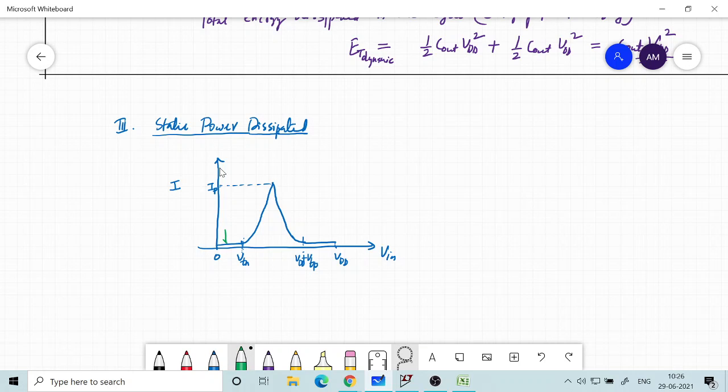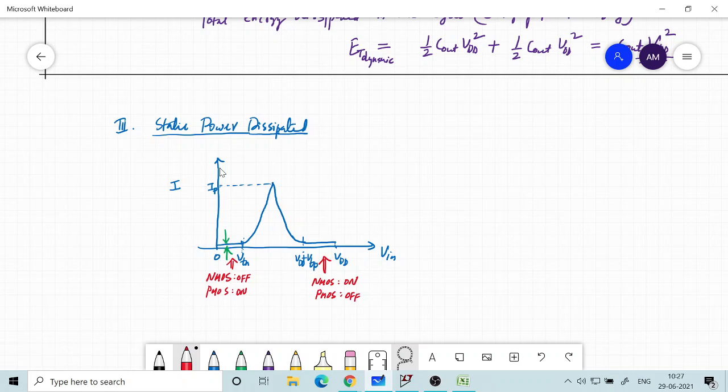There is a current which is negligible, which flows even when the input is at low state and the output is at high state, which means the NMOS is off and PMOS is on in this region. And similarly we have this region where NMOS is on and PMOS is off.